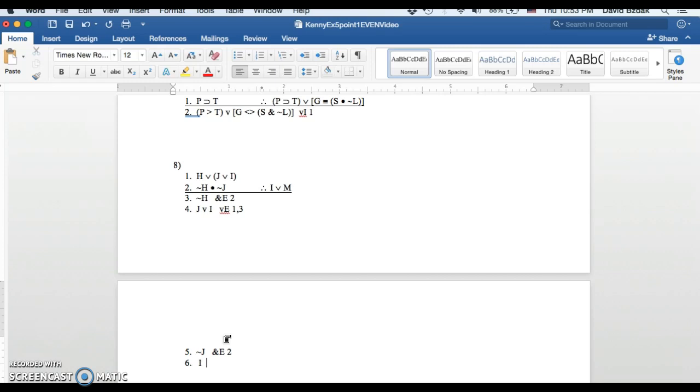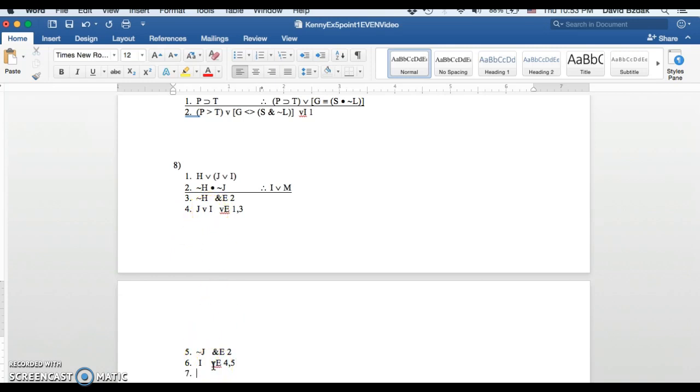And we can get I by itself then by disjunction elimination of 4, 5. Right, this is a disjunction. This is the negation of one of the disjuncts. That leaves us with the other disjunct, which is I.